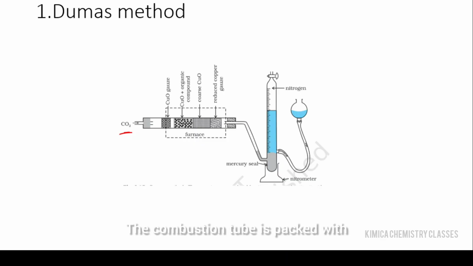The combustion tube is packed with porous copper oxide, as you can see, which prevents backward diffusion of gases produced, and an accurately weighed amount of organic compound of approximately 0.2 grams mixed with excess of copper oxide.